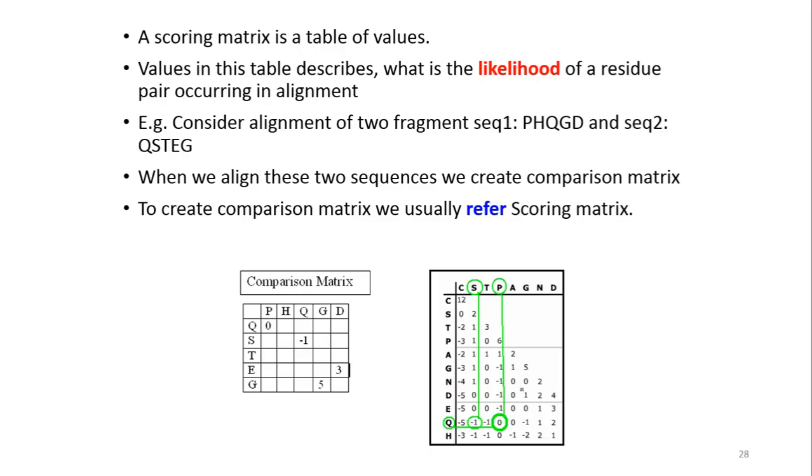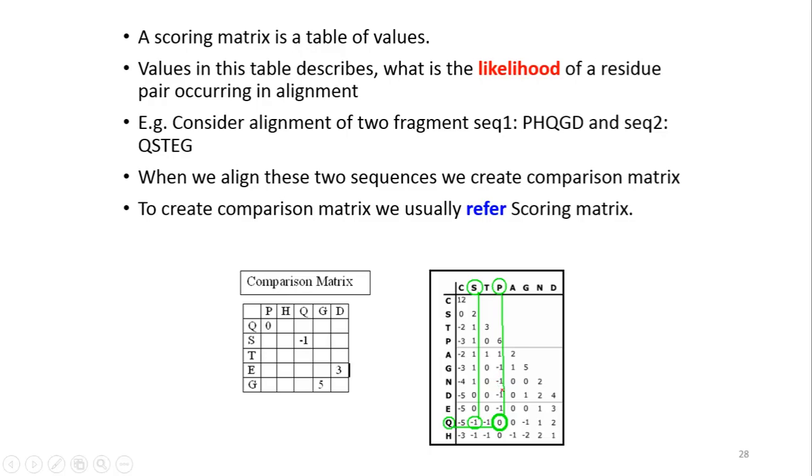So let us first try to understand what exactly this scoring matrix is. In reality, a scoring matrix is nothing but a table of values, as you can see here. If it is a table of values, then the values must describe something. Whatever values you can see in this scoring matrix must have some significance.